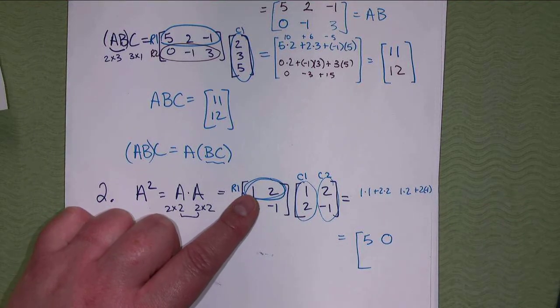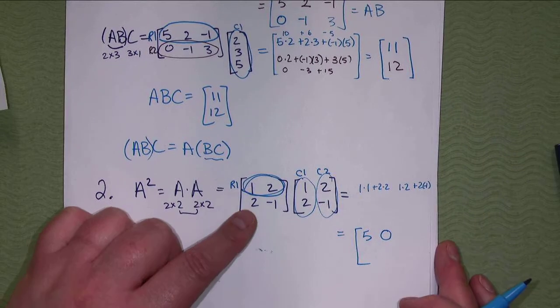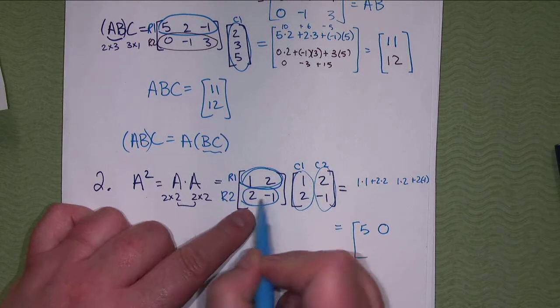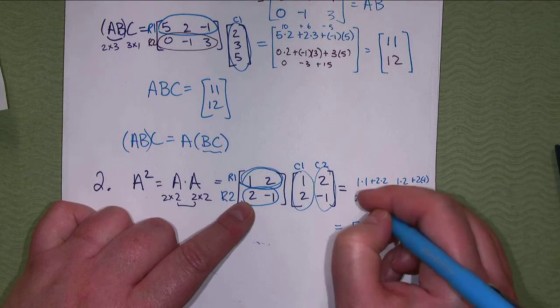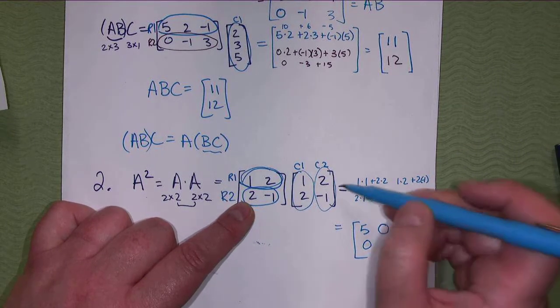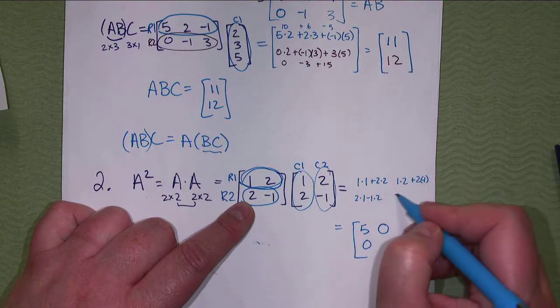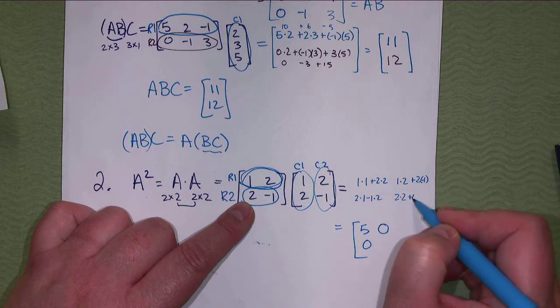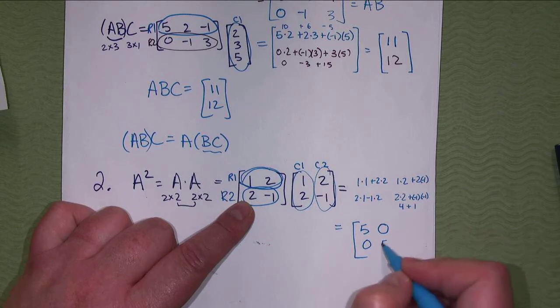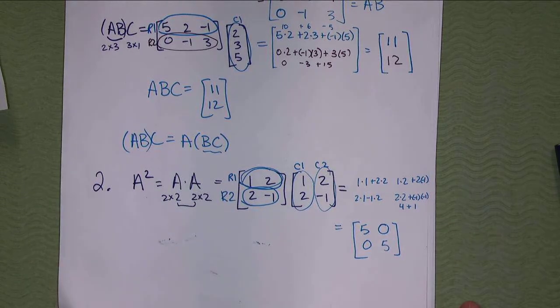And then go on to row 2 with column 1. 2 times 1 minus 1 times 2, 0. And the last one, 2 times 2 plus a minus 1 times minus 1. 4 plus 1, 5. Interesting. What does that sort of look like? The identity, right?